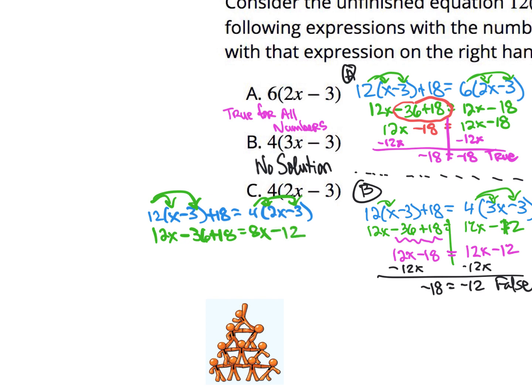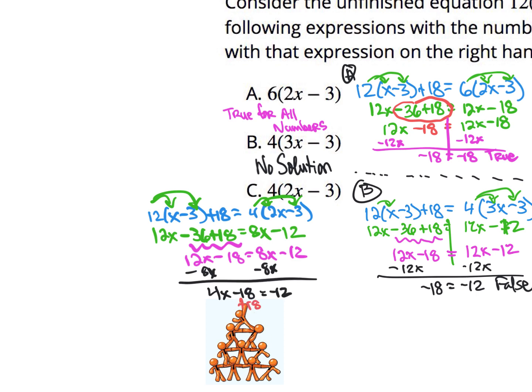Let's combine like terms. We've been doing this for a little bit, right? So we have 12x minus 18 equals 8x minus 12. So I'm going to subtract off 8x from both sides. So we're going to say 12 minus 8, we have 4x minus 18 equals negative 12.